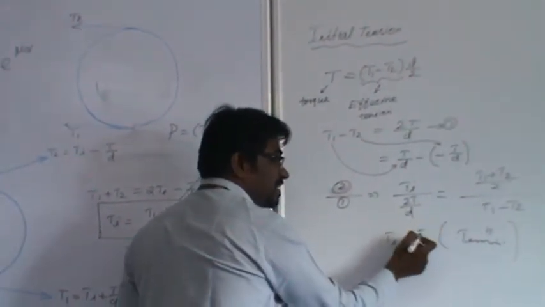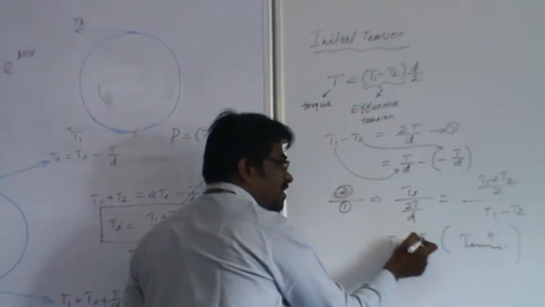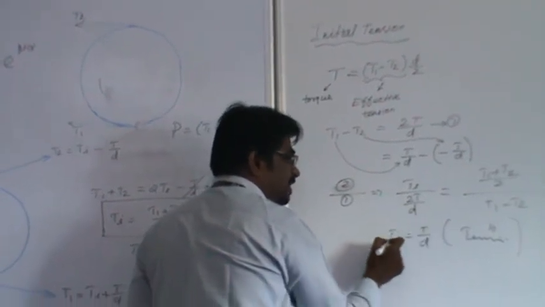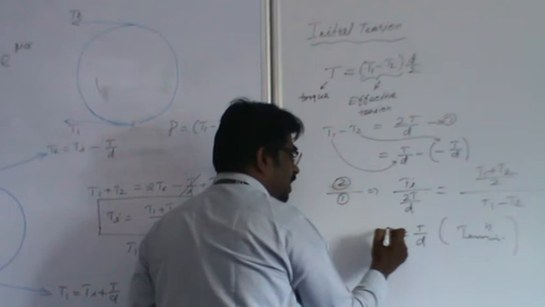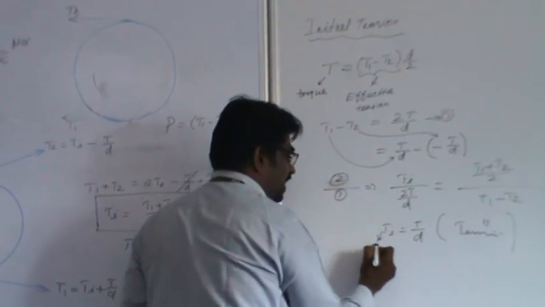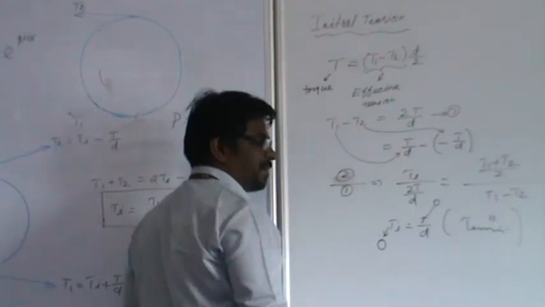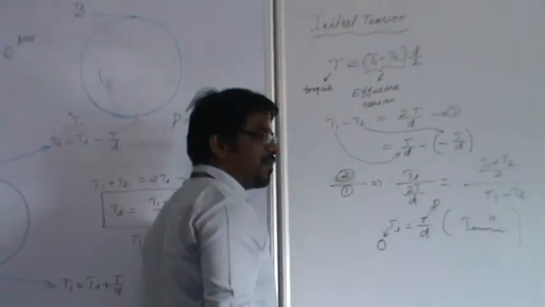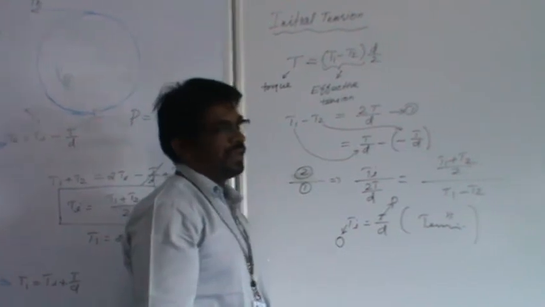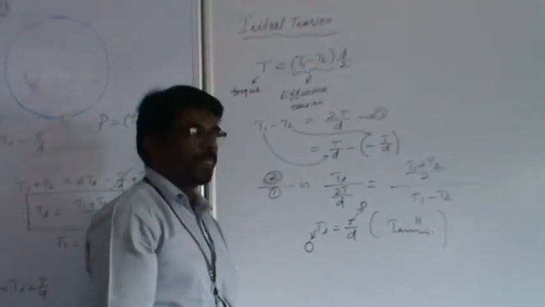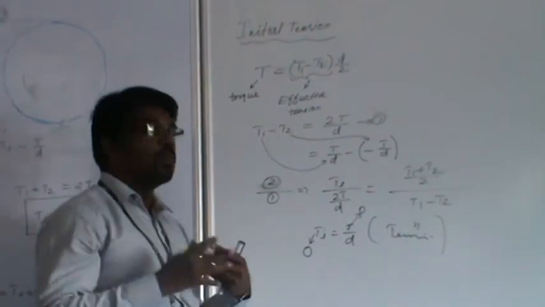What is this? This is the torque transmitted and this is the initial tension. If there is no initial tension in the belt, there is no torque transmission. So we must have some initial tension in the belt, but it should not be more.